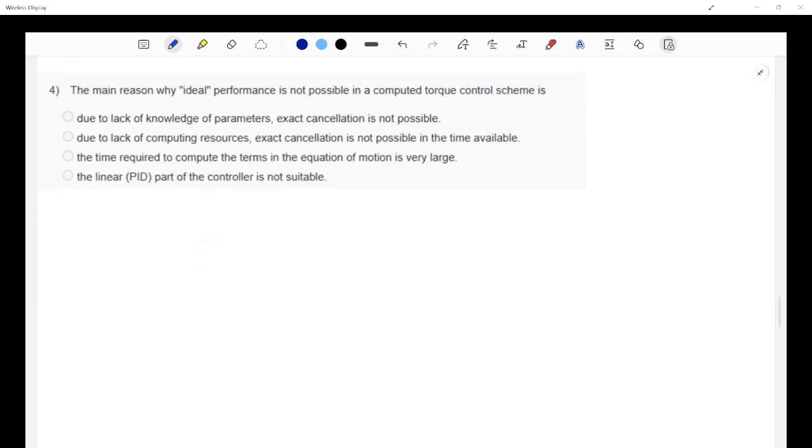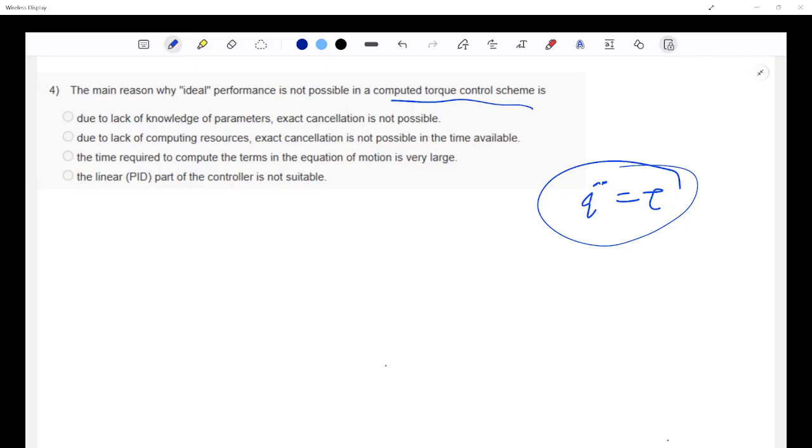Let's move to the fourth question. The main reason why ideal performance is not possible in a computed torque control scheme is, okay, so ideal computed torque assumes everything, and then we get q double dot is equal to tau dash. So this gives perfect cancellation of non-linearities, a linear decoupled system, and perfect tracking.